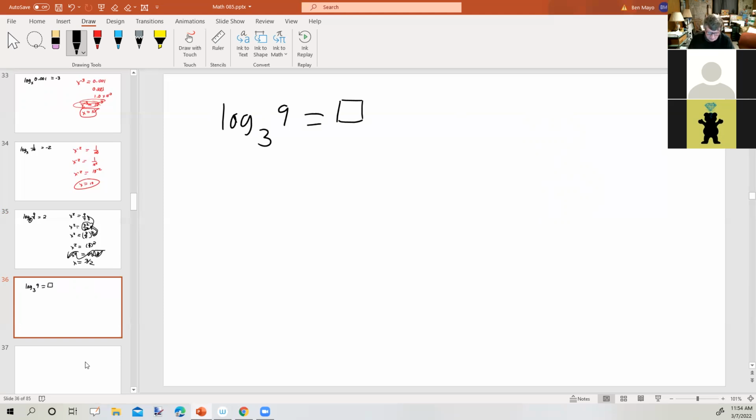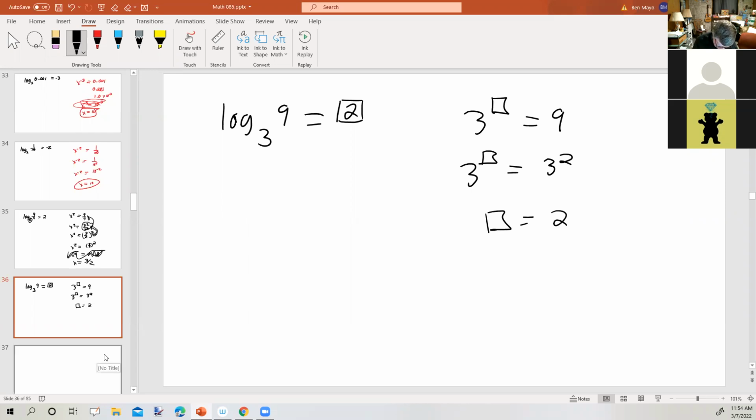So that means that log base 3 of 9 equals whatever goes in the box. Well, now I've created a logarithmic equation. I could convert that into an exponential equation. I could take 9 and write it as 3 squared. It's a sad looking box. So 3 to the box equals 3 squared. The box equals 2. All right.